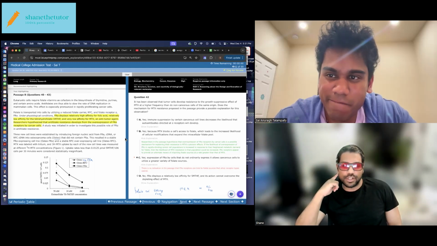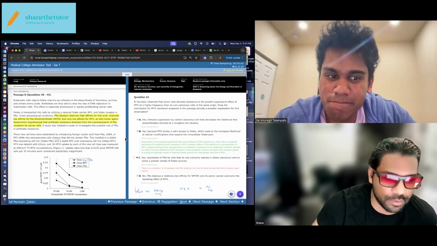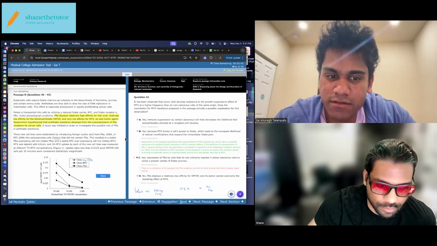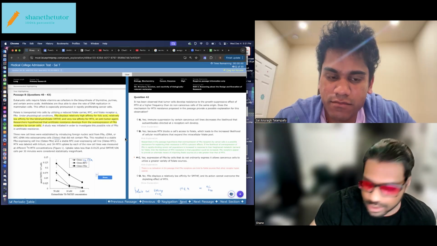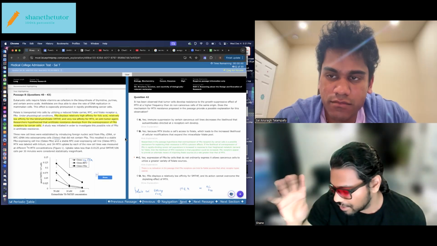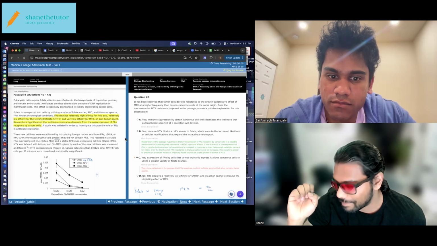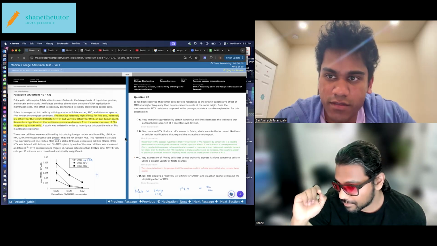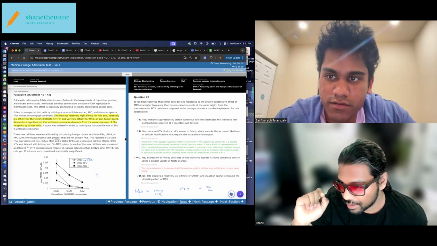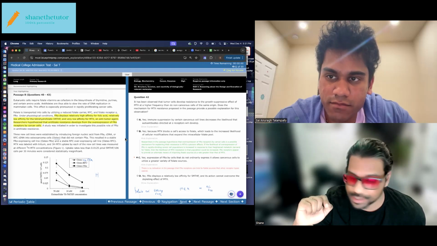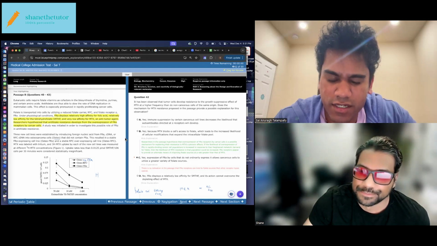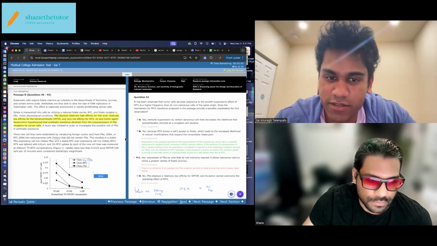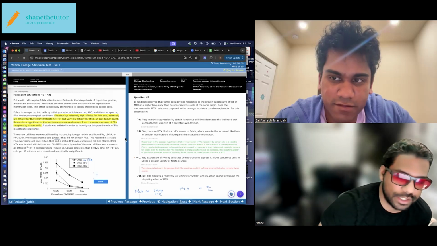So that's tritium. Basically what's the significance of this? What does a regular hydrogen atom include? One proton and one electron, no neutrons.